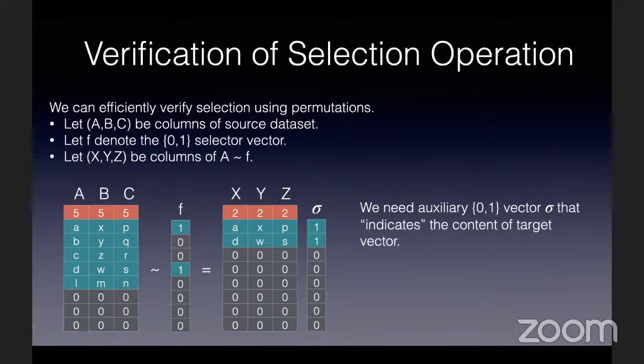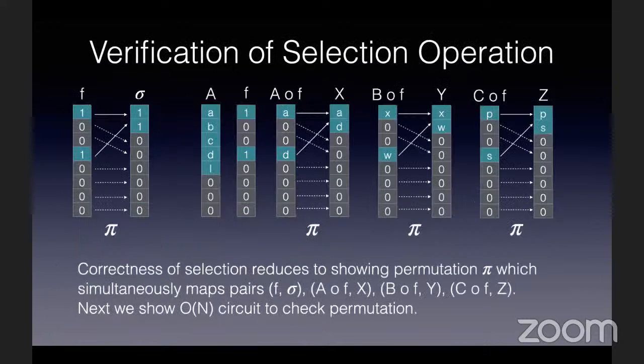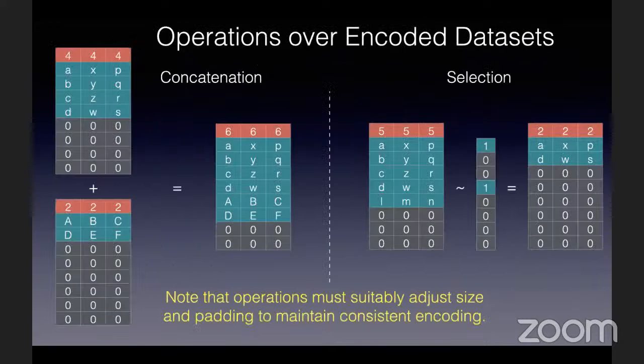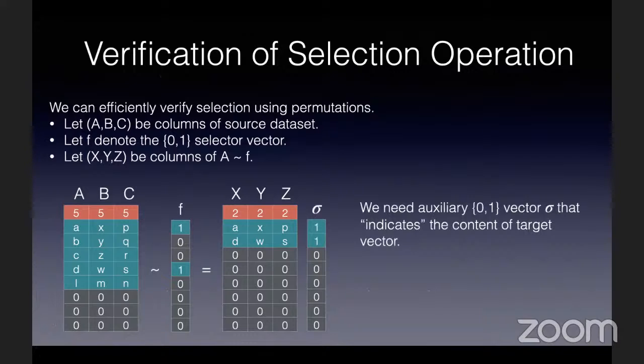Now, essentially the selection is proper if there is a permutation, a shuffle you can do on F to get sigma, and the same shuffle takes ABC to XYZ. So the filter operation is correctly performed if the rearrangement that takes F to sigma is the same rearrangement that takes ABC to XYZ.